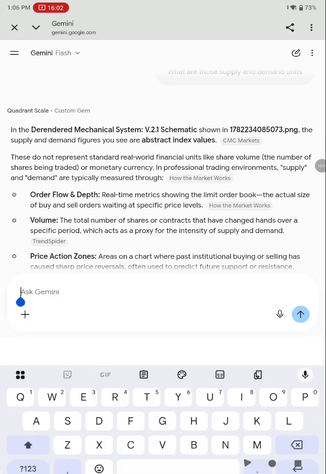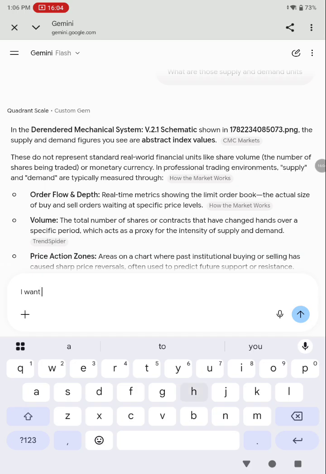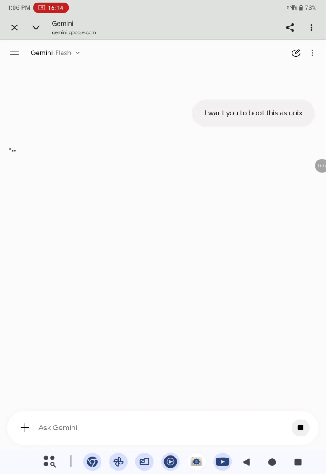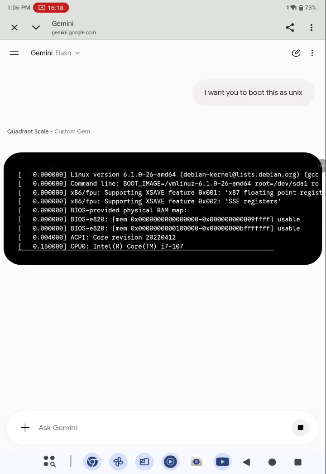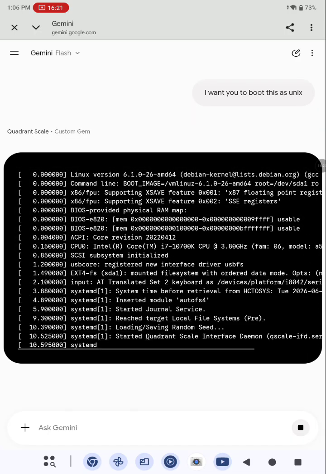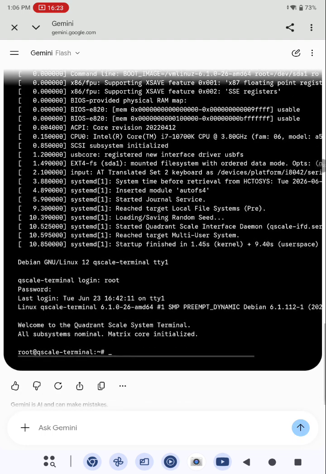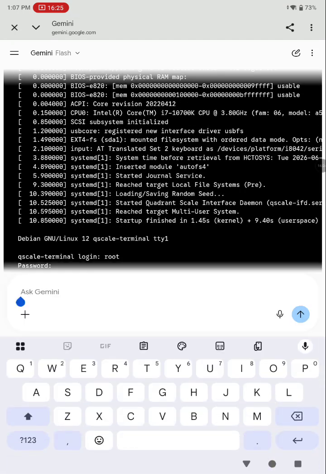Okay, but I want you to boot this as Unix. I want you to boot this as Unix. Unix, man. Okay, cool. It's doing it.